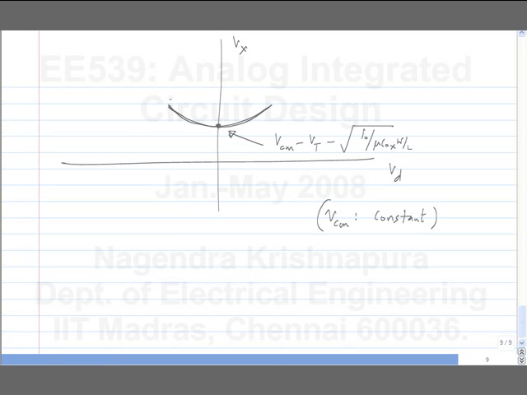That is obvious from the appearance of only Vd square in the expression for Vx.